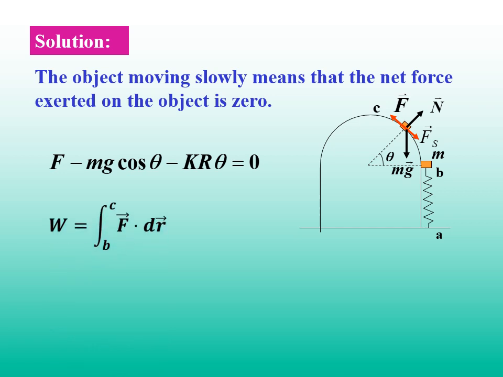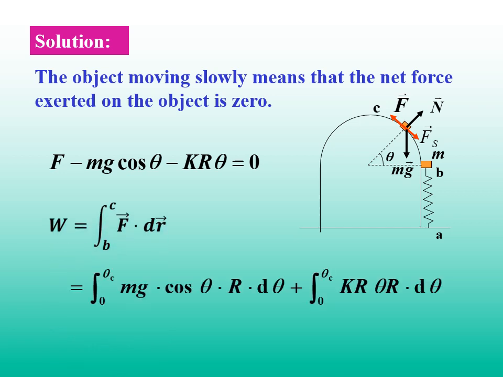Work equals integral from 0 to theta c of mg cosine theta r d theta plus integral from 0 to theta c of kr theta r d theta, which equals mgr sine theta c plus 1/2 kr squared theta c squared.